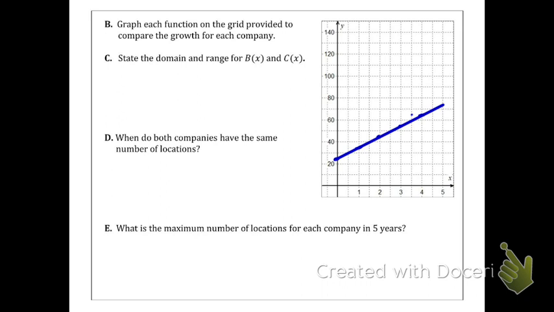And so this would be a graph on my line there. So this is for Big Tech. Or, you know what, they called it B of X.